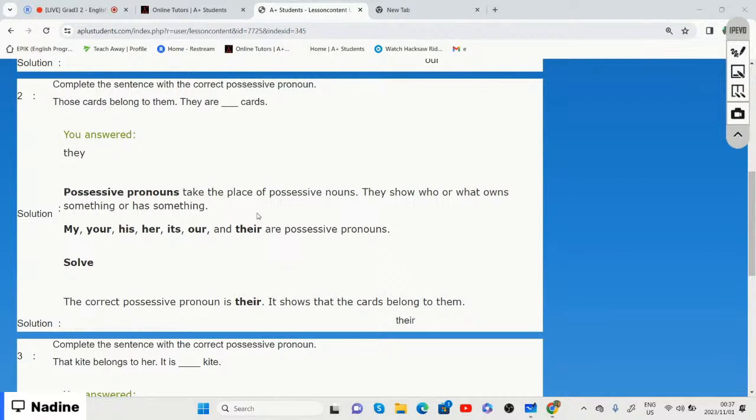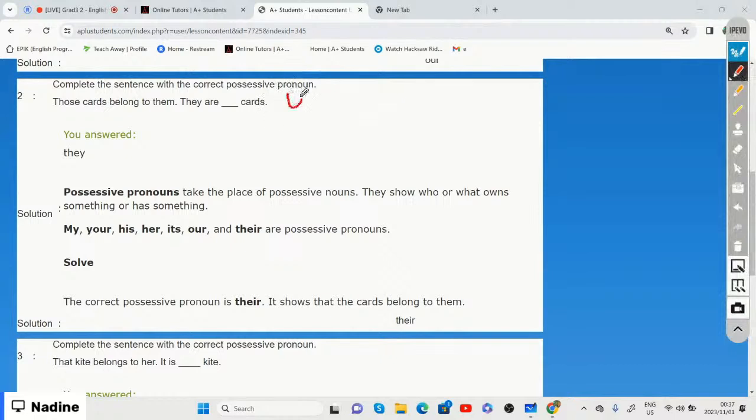So those cards belong to them. If something belongs to them, then we can say it is their. It is their card. So which means that our correct possessive pronoun is their.